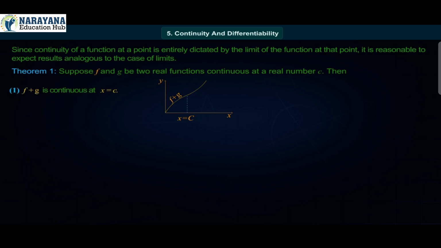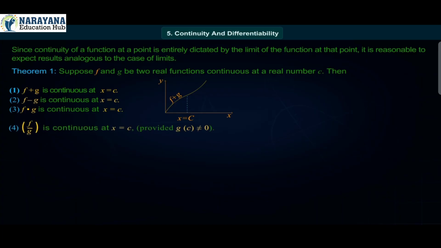Then, number 1, f + g is continuous at x = c. Number 2, f - g is continuous at x = c. Number 3, f times g is continuous at x = c. Number 4, f upon g is continuous at x = c, provided g(c) is not equal to 0.